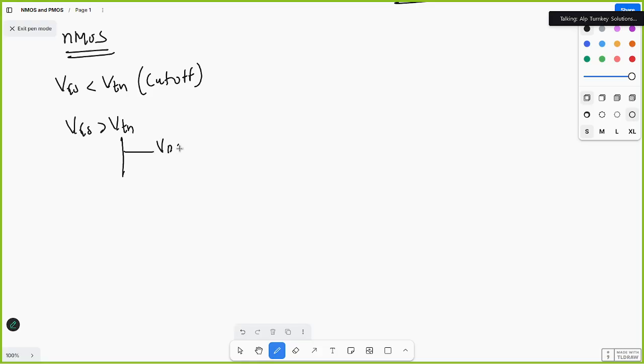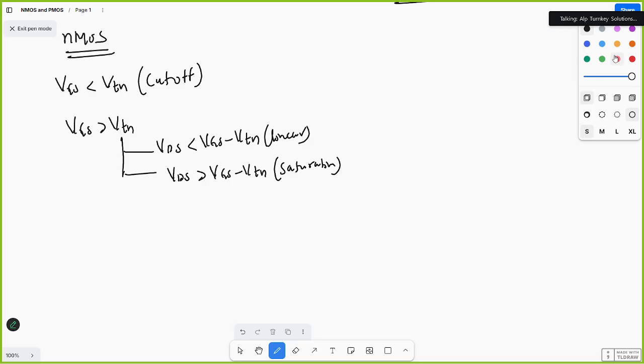When VDS is less than VGS minus VTN, it is the linear region. When VDS is greater than VGS minus VTN, it is the saturation region. The triode region has the same conditions as the linear region.